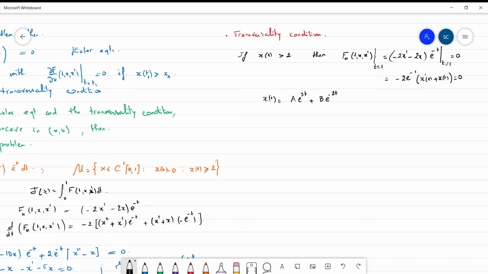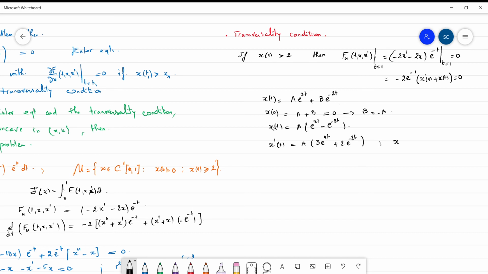I didn't express one condition. Let's use first x0. We said x0 is 0, but x0 gives a plus b. We wanted 0, so b necessarily is minus a. So x(t) is reduced to a times (e^(3t) minus e^(-2t)). Now we derive x prime(t) will be a times (3e^(3t) plus 2e^(-2t)).